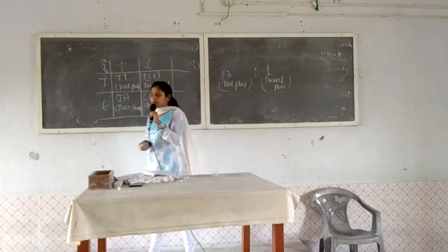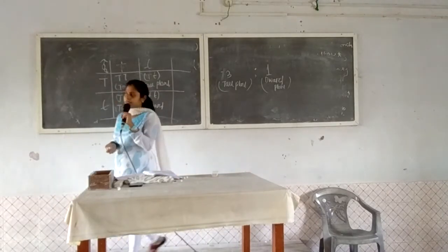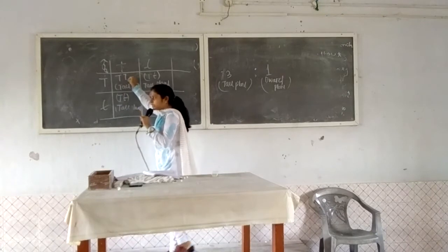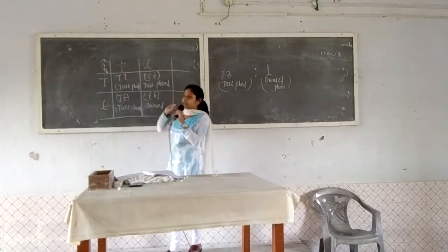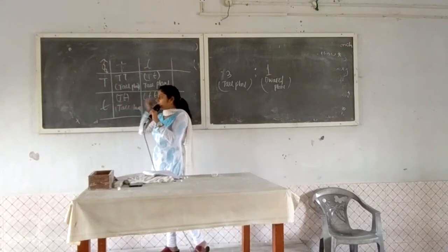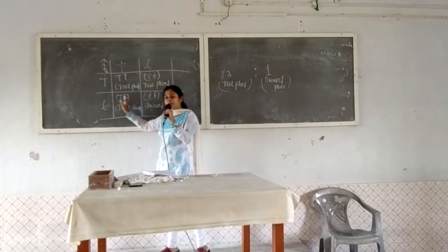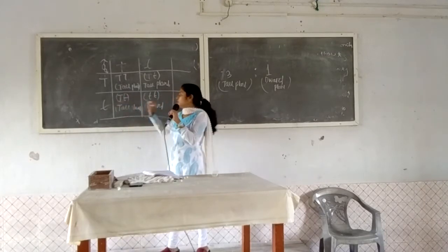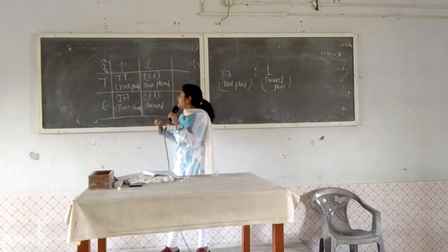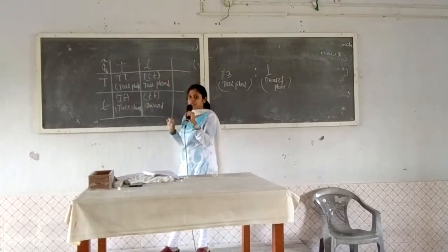Tall is the dominant character of the plant, and here both T are present, both tall genes are present. For this it is a tall plant. Here one tall, one dwarf is present, but tall is the dominant character and small t is the recessive character. For this the plant is a tall plant. Here also one capital T and small t is present.